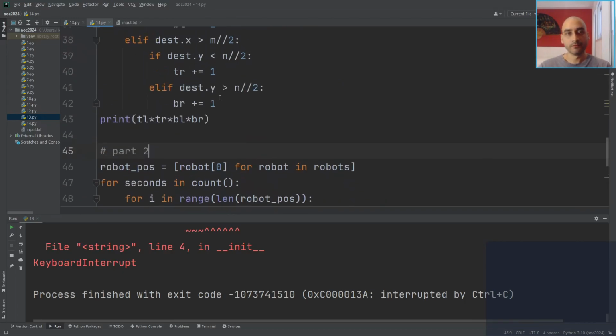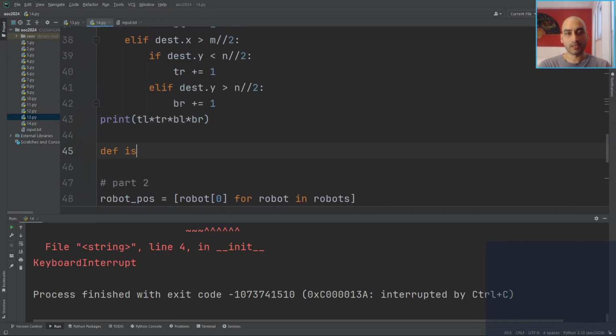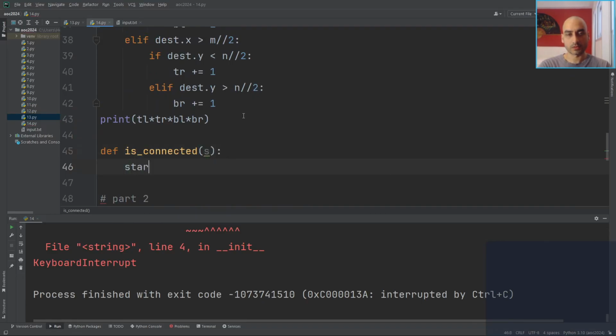Okay, let's try that. Define is connected for a given set. So let's just do a quick start equals, just pop something out of there.